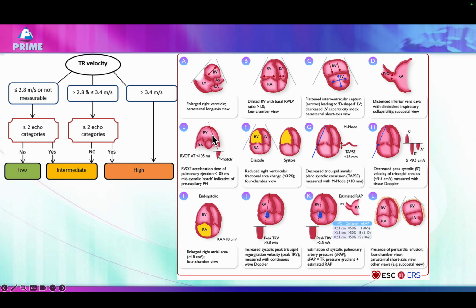IVC is dilated. You have an acceleration time of less than 100 milliseconds. If you have an acceleration time which is less, it indicates PAH. And there are so many other parameters which can make you decide that there are 2 echo parameters which are consistent with pulmonary artery hypertension.